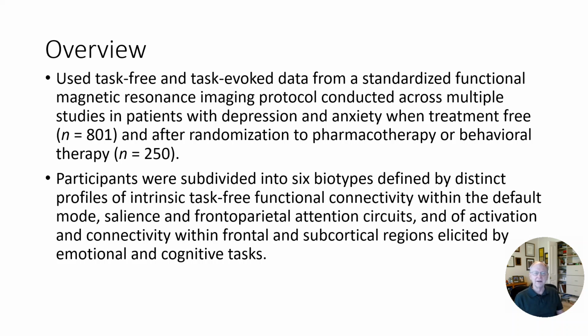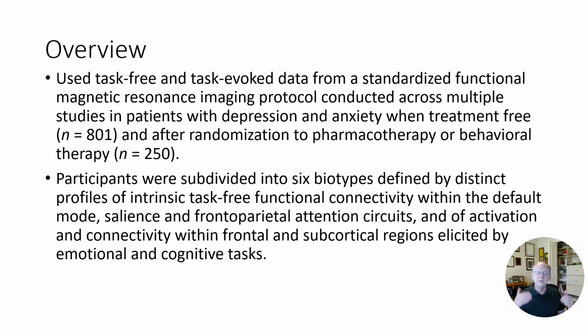These folks got 800 patients, and they did a standardized fMRI protocol doing both tasks and resting state. And then about 250 of them were randomized to either get pharmacotherapy or behavioral therapy. And the pharmacotherapy group was further randomized to either get venlafaxine or an SSRI.